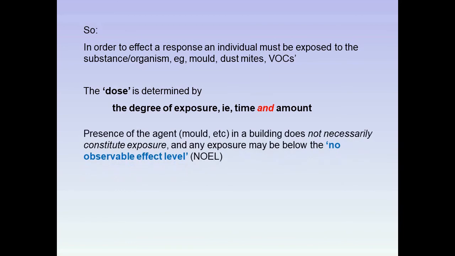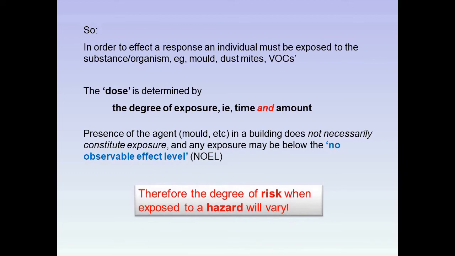The presence of the agent in a building does not necessarily constitute exposure, and any exposure may be below the no observable effect level. Therefore, the degree of risk when exposed to a hazard will vary.